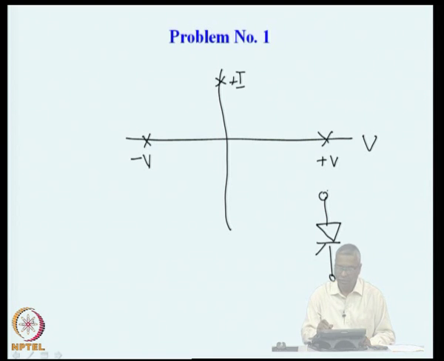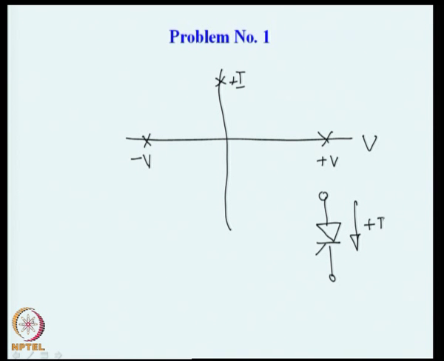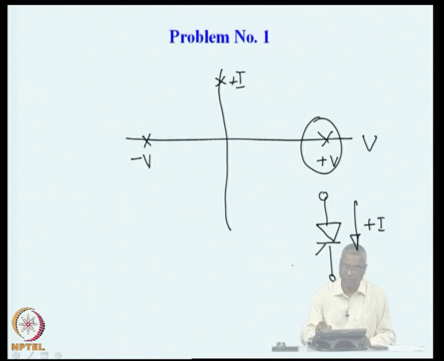When the gate is turned on, it will pass a current in the positive direction, plus I. If the gate is not enabled and we apply a positive voltage to this device, it will block positive voltage.